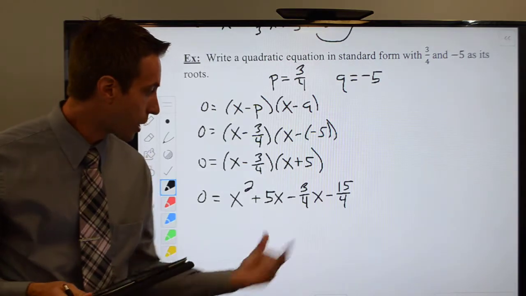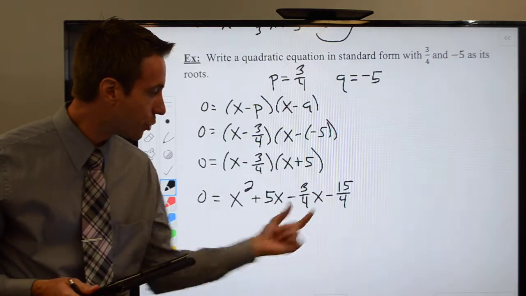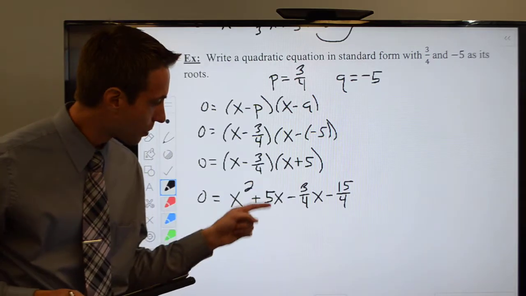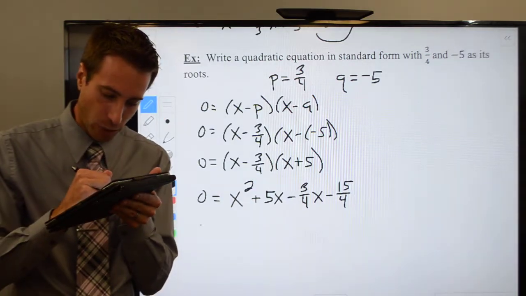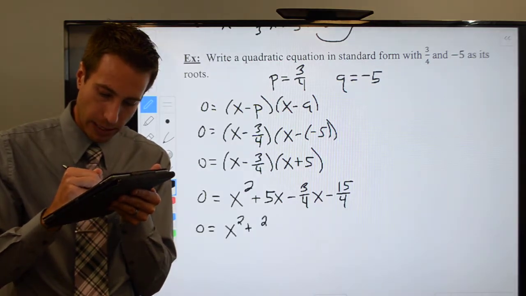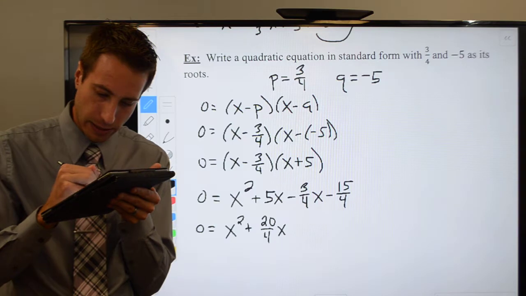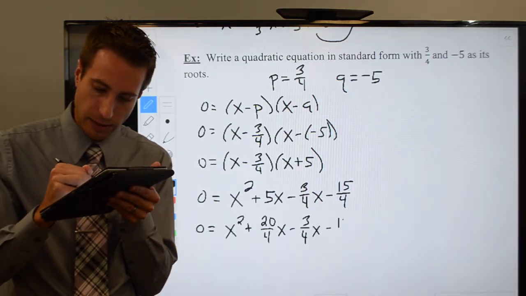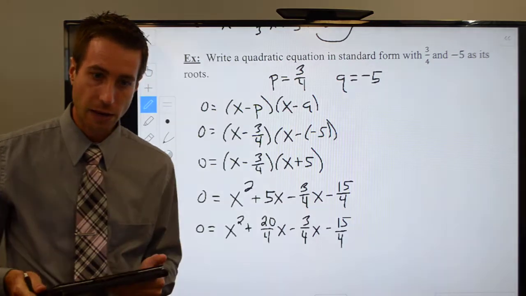Okay, here we go. Let's go ahead and combine our like terms. I can do that by finding my common denominator of 4, so I need to multiply top and bottom by 4, which means 0 would be equal to x squared plus 20 over 4x minus 3/4 x minus 15/4.